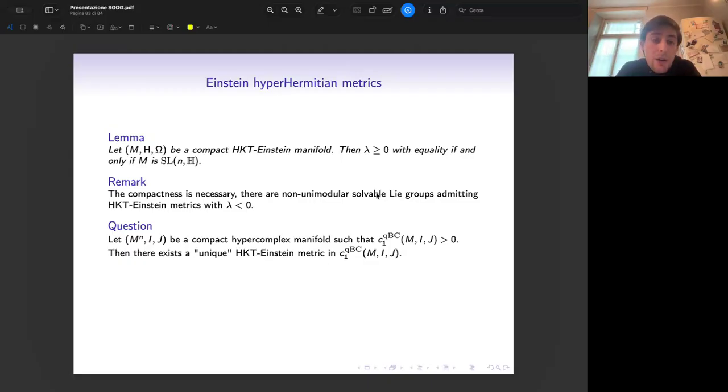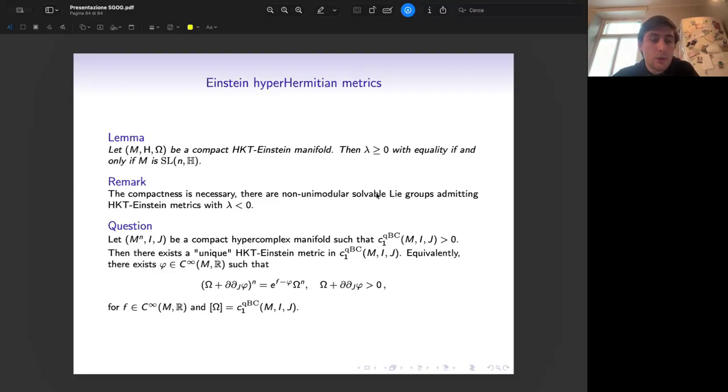And the question is whether we can find a unique, up to the action of some group, HKT Einstein metric in this cohomology class. And this is, of course, equivalent to solving the following quaternionic Monge-Ampère. But this is really a naive question.